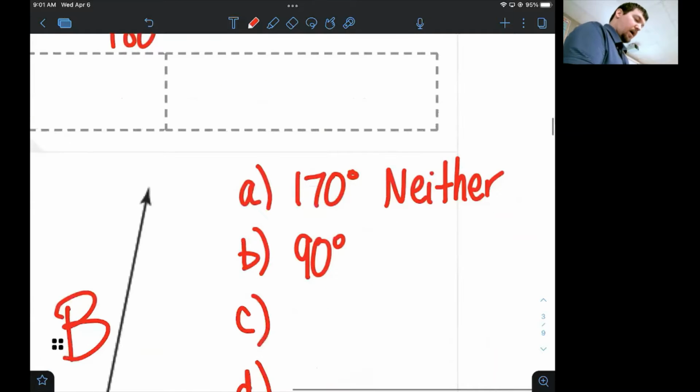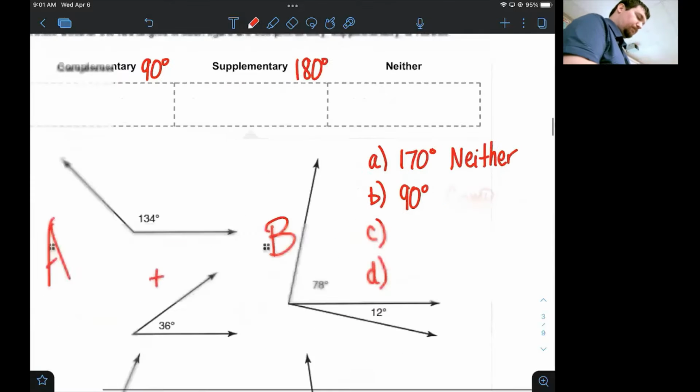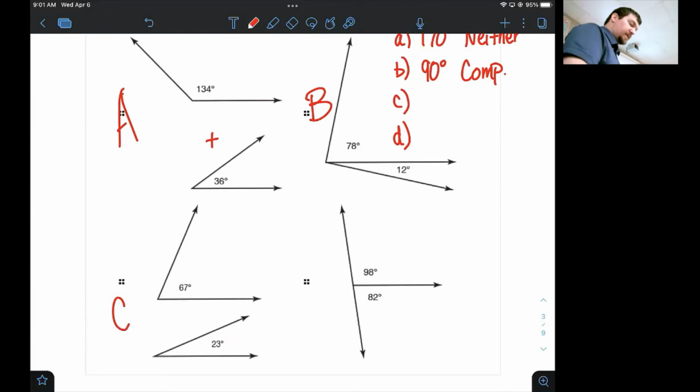Complementary, that's right. So I'm okay with you guys abbreviating that. COMP would be the abbreviation for complementary. Now we'll move on to angle pairs for C. Addison Stumpf, what is 67 plus 23?